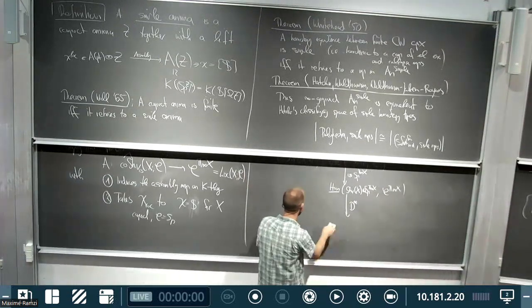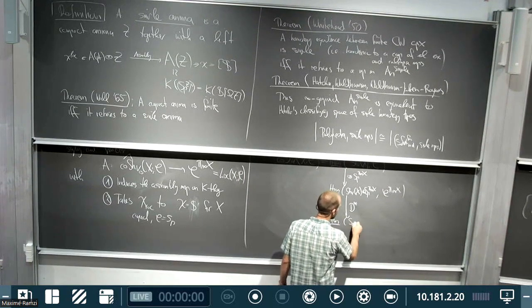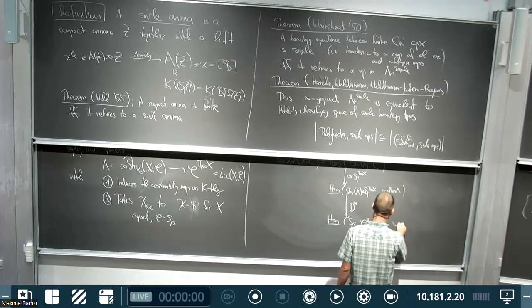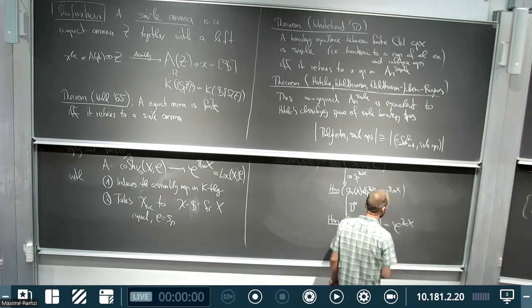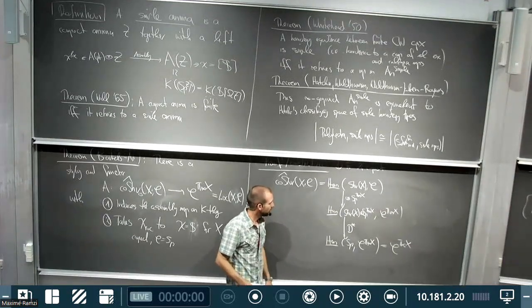I'll tell you what the diagonal class is in a second. So this will get me to the inner Hom from spectra into C to the pi infinity X, and that is just C to the pi infinity X. Okay, so this is what we want to do.